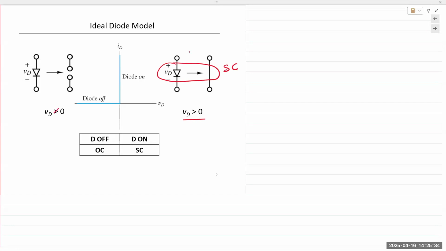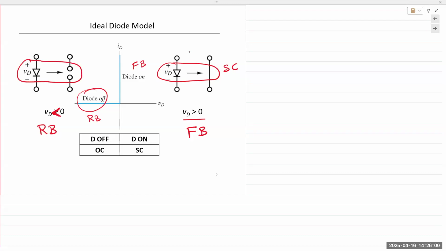If the diode voltage VD is less than 0, meaning it's negative, diode is reverse bias. So this is reverse bias, this is forward bias. And if the diode is reverse bias, we say it's off. And when it's off, it behaves like an open circuit. So we replace it with an open circuit.